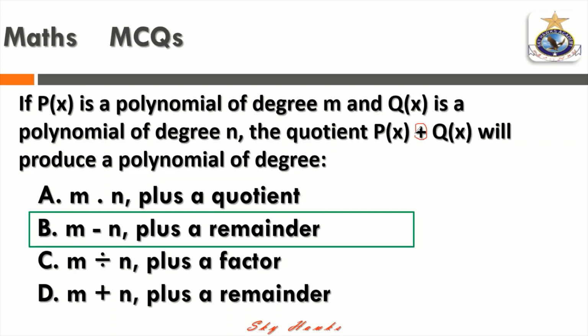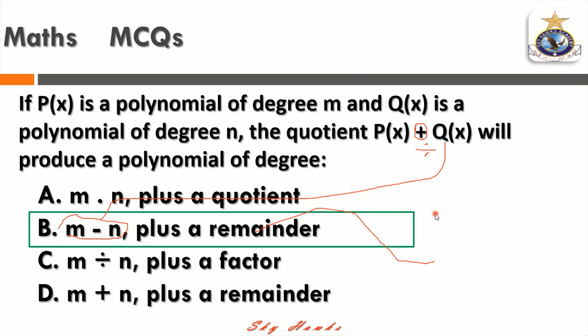If you are dividing P by Q of x, you will get the quotient in this way, and whatsoever the remainder is. So if this is not completely divided, this symbol is actually the division. So this is the correction in this question. Anyhow, I will recheck this, but this was the question. We will have to rethink about that.